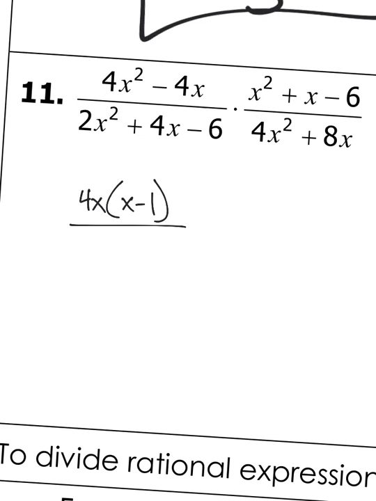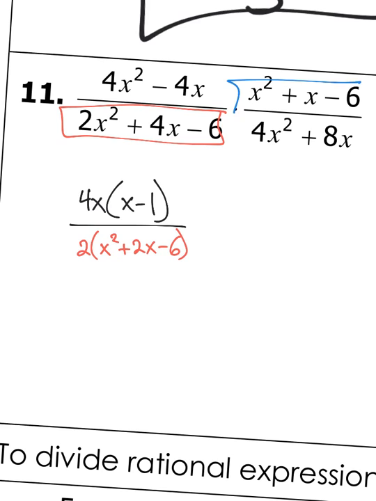Then I'm going to say to myself, okay, on the bottom, I have a GCF of 2, which would leave me with x squared plus 2x minus 6. Here, okay, it's a trinomial with a of 1, which means what are the factors of c that add up to b? What are my factors of negative 6 that add up to positive 1? Well, that would be a 3 times a negative 2.